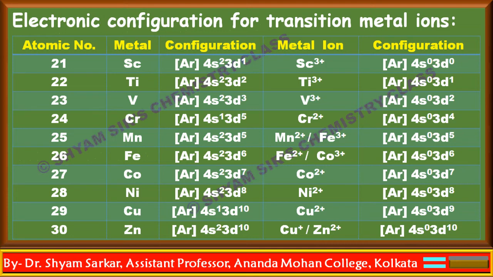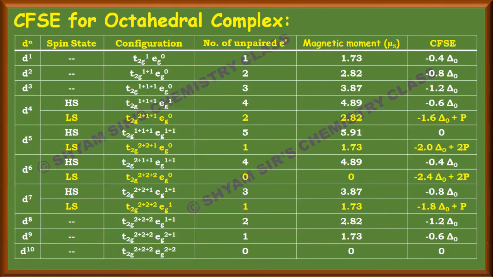See, I have shared here CFSE for octahedral complexes having electronic configuration d1 to d10 along with high spin and low spin state wherever applicable. Here I have shown you spin state and their corresponding electronic configuration, how many electrons are there in t2g and how many in eg levels, and the next column is number of unpaired electrons.